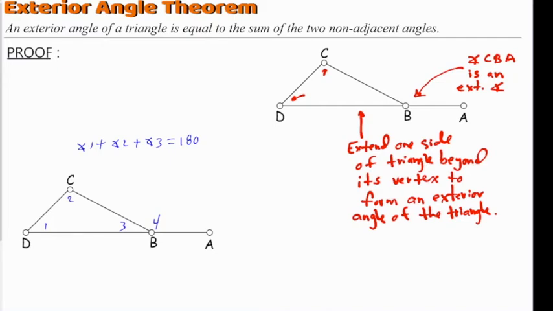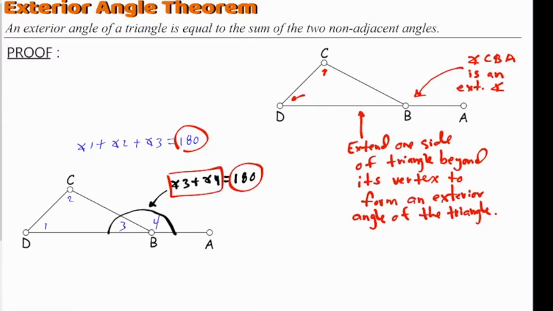We also know that angle 3 plus angle 4 is 180 degrees because they are a linear pair. Since they are both equal to 180 degrees, I can take this angle 3 plus angle 4 and put it in place of the 180 degrees in the equation above.